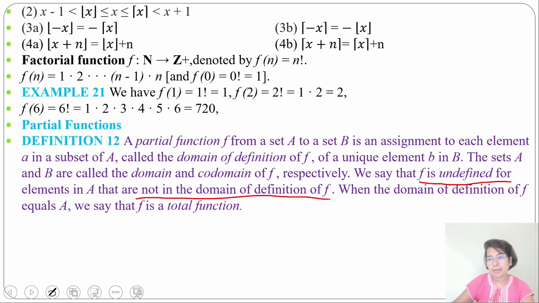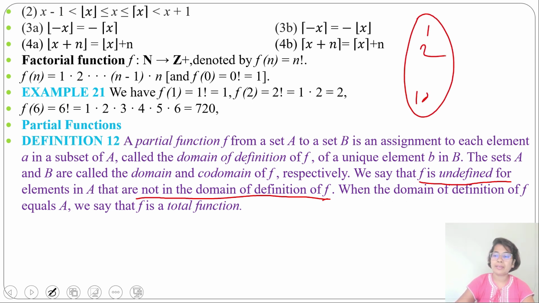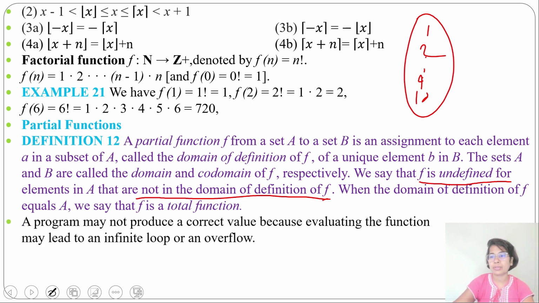So some elements which are not in the domain of definition of f are undefined. Suppose we have a set 1 to 10, but for even numbers only we have the function. For even numbers only the function is defined. For the rest the function is not defined. Okay, so I can say this is a partial function from set A to set B.